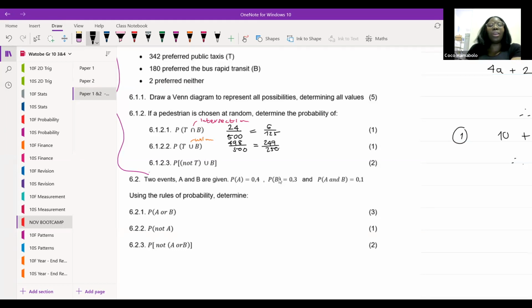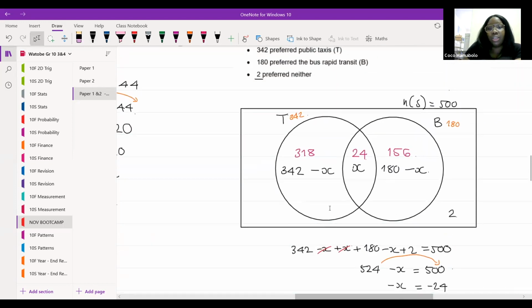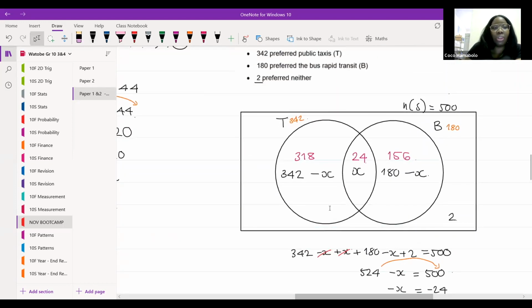All right, now in this next one, it says the probability of not T union with B. So let's go have a look at what is not part of T. Now, I know that my taxi people are all of those people, right?